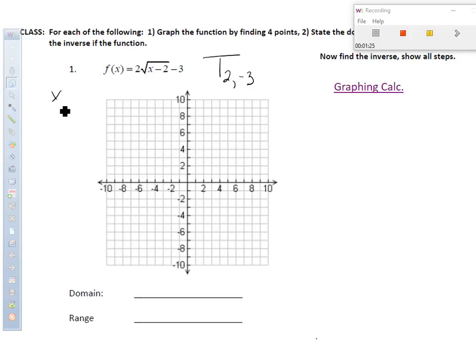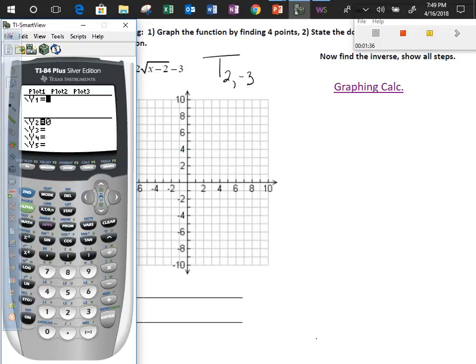Now, when we make our ordered pair, the first point that you need at the top then is 2 comma negative 3. Now, in your graphing calculator, we're going to graph that. So when you type this in, I'm going to type in my 2. I'm going to go second square root. Now here's where you got to be careful. I'm going to go x minus 2, and that's the part under the radical.